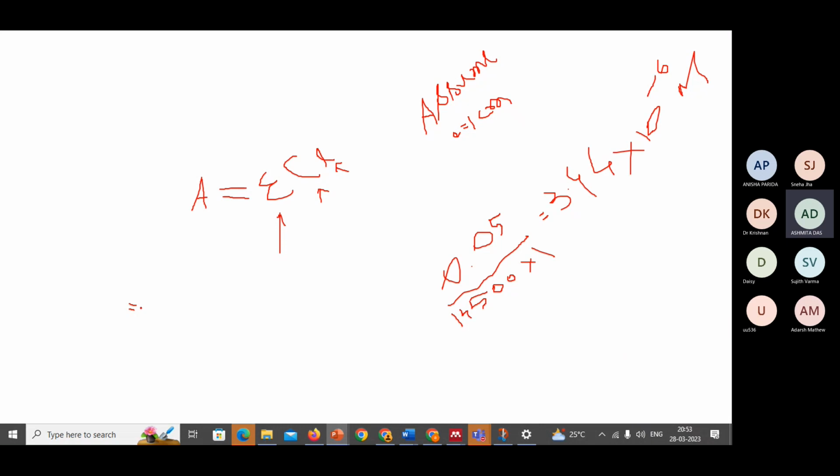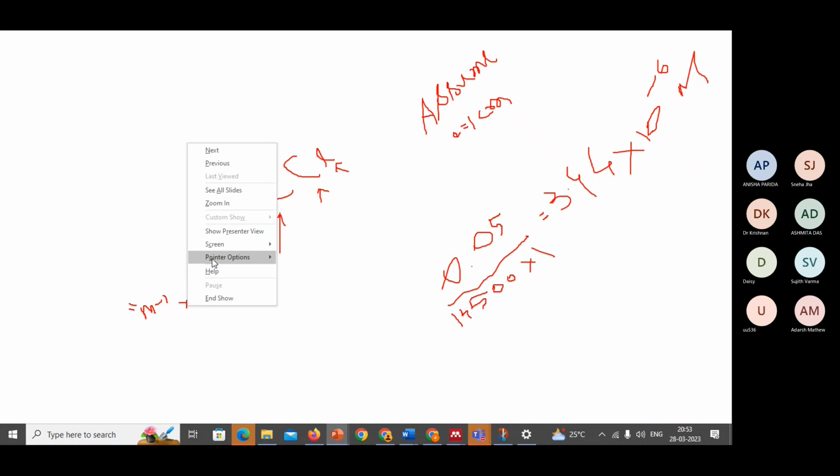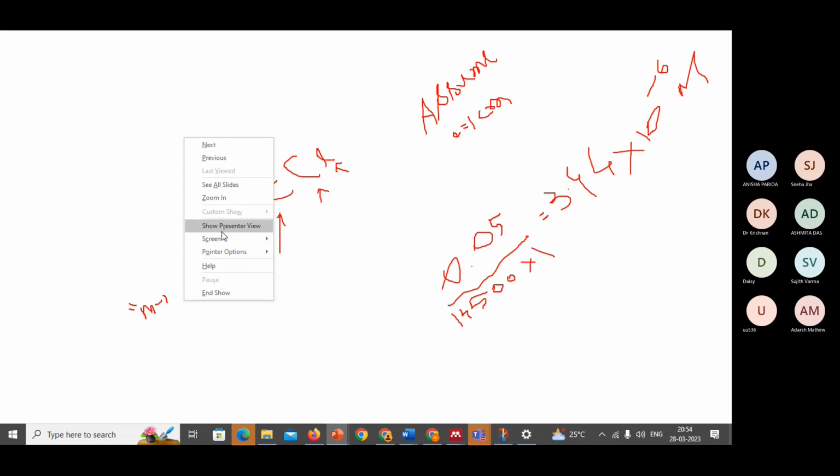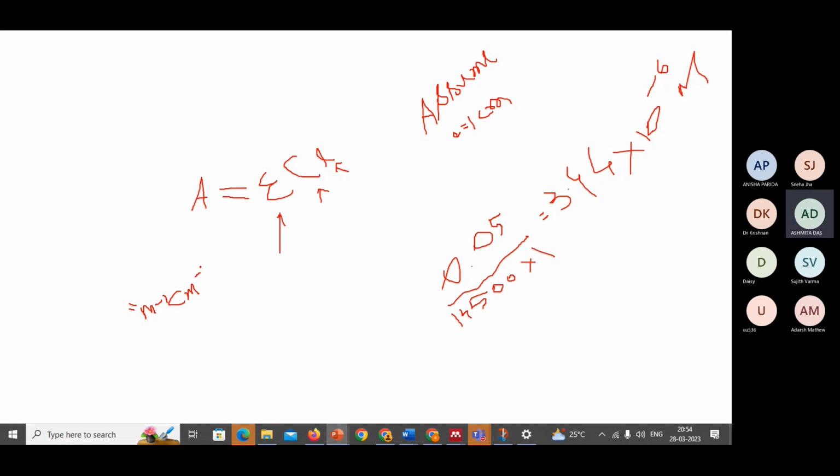So epsilon is basically mole inverse centimeter inverse.